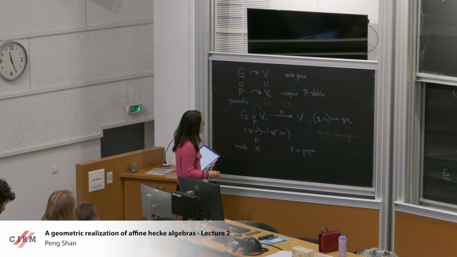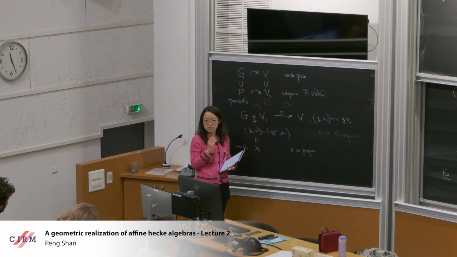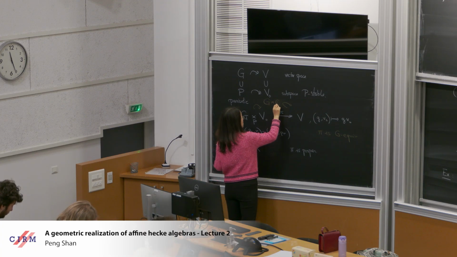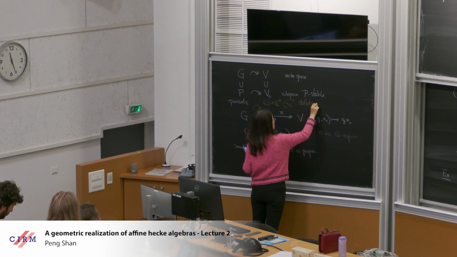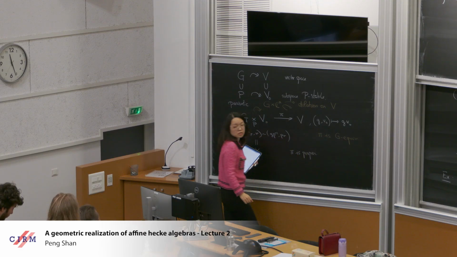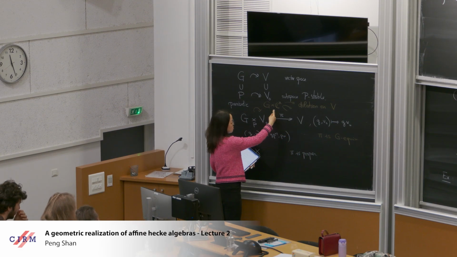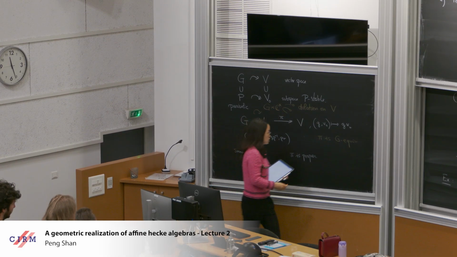Second, on this vector space, I have just a natural dilation action. So I have a C star action that acts by dilation on V. Okay. And so here it acts on V0, here it acts on V, and so this map is again equivariant with respect to the C star action.